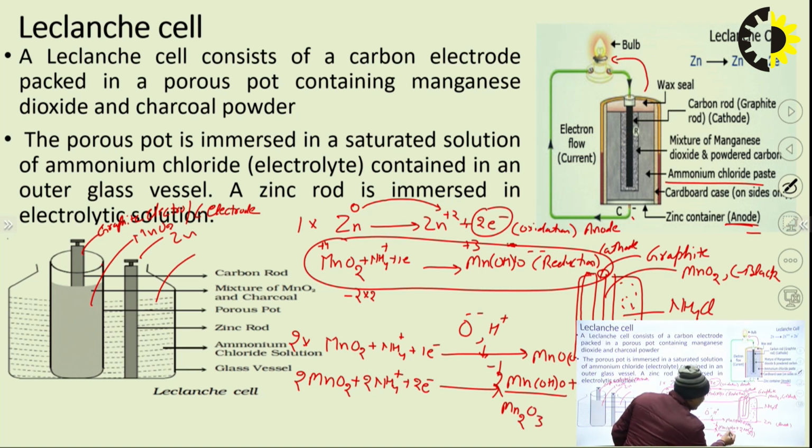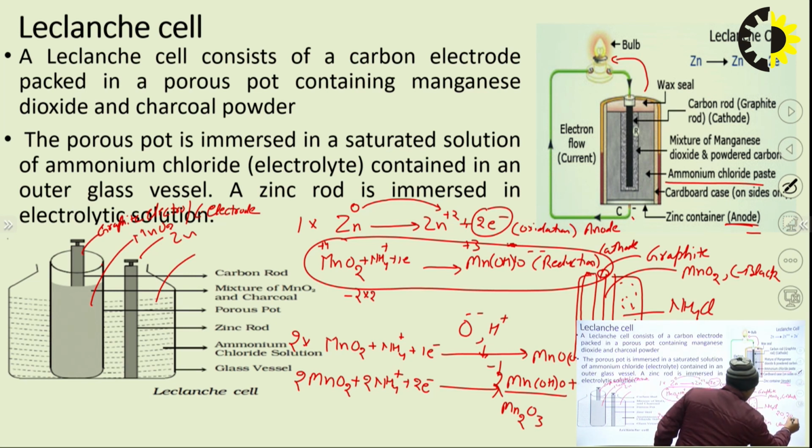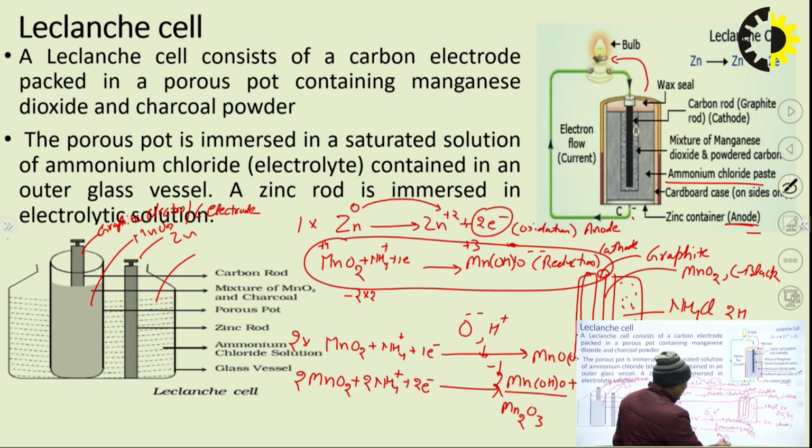Here I have 2 oxygen and 2 hydrogen, so I have a total of 4 oxygen and 2 hydrogen. So I am utilizing here 3 oxygen atoms.